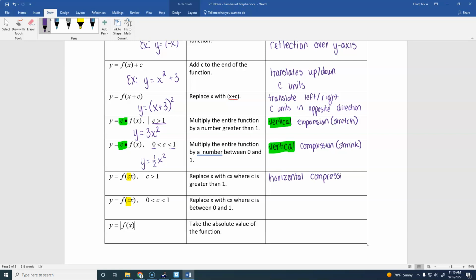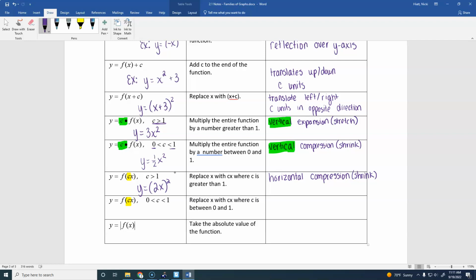Now, this seems backwards, because right here, this is where it says C is greater than 1. The example here would be something like y equals 2x squared.